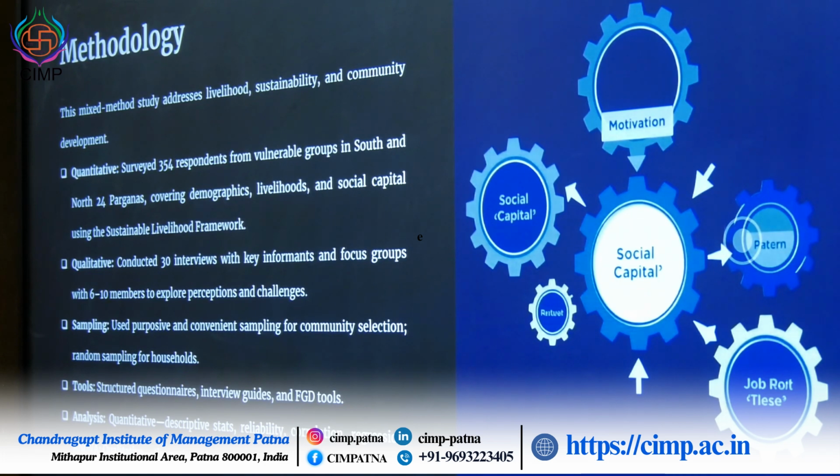We surveyed around 354 respondents belonging to vulnerable groups according to the demographics, and we also conducted face-to-face interviews along with the convenience method of sampling through a structured questionnaire, and basically analysis through descriptive and qualitative thematic analysis. Next.